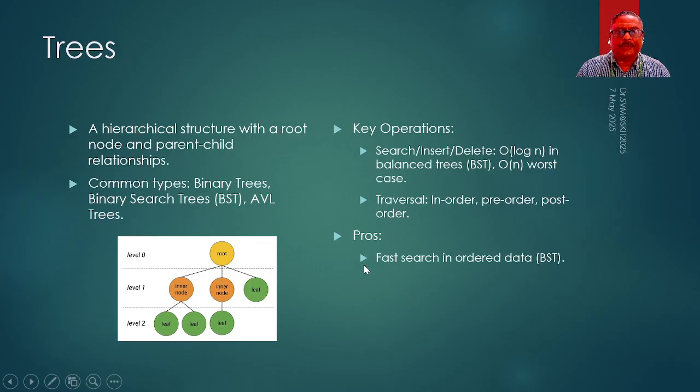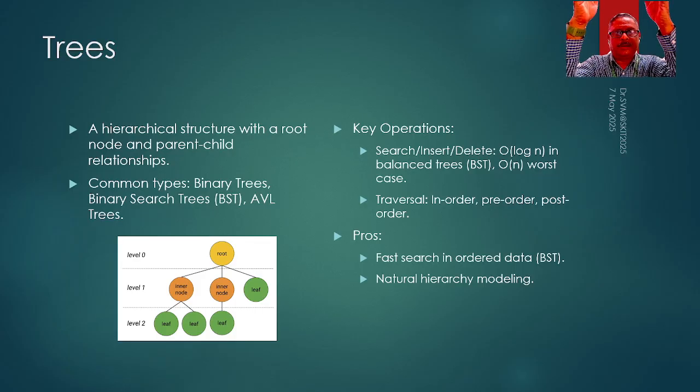The positive aspects of this are that fast searching is possible in the case of ordered data like a binary search tree. We also have natural hierarchy modeling possible here. If we are talking about a family tree, we can show the grandparents, then parents, then children, then the grandchildren.